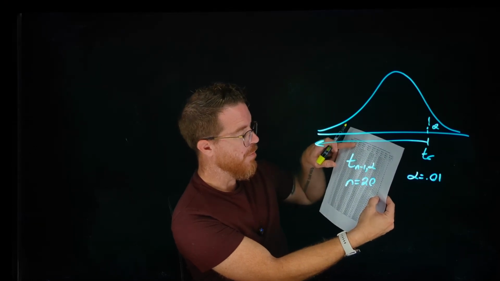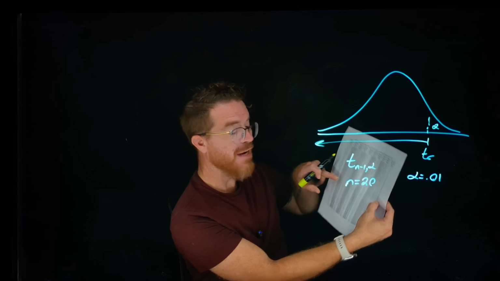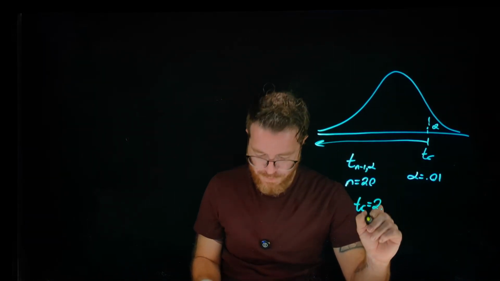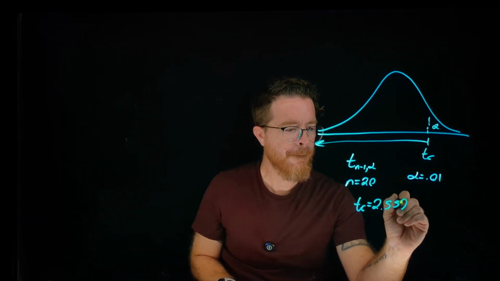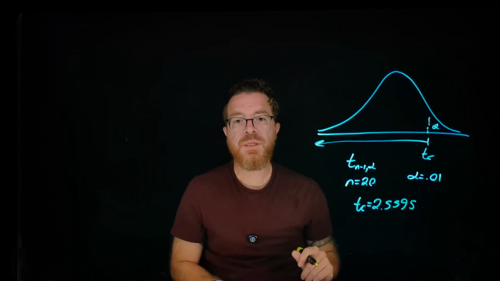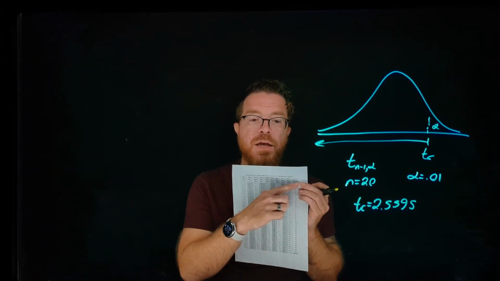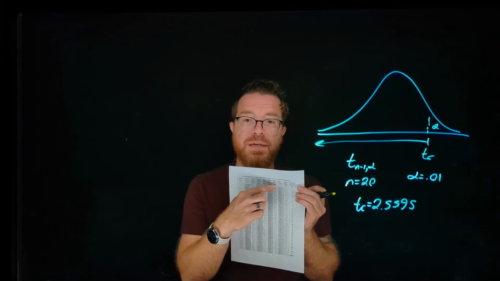So 0.01, 19, we get a critical value of 2.5395. This works exactly the same way if you're doing a two-tail test, except then you would use the second row to find where your alpha level is.